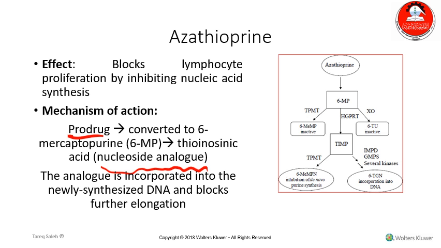They have very similar structures. So when these analogs are inserted into the newly synthesized DNA, they will block further elongation of DNA. Okay, they will act as brakes, and that will extensively inhibit DNA synthesis, and thus will inhibit the proliferation of T cells.